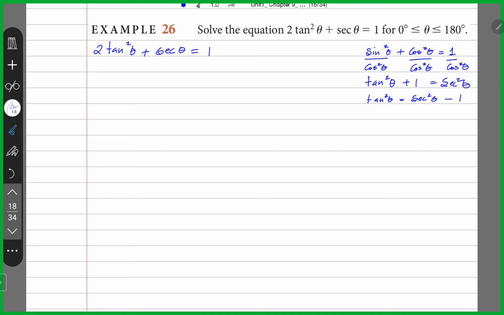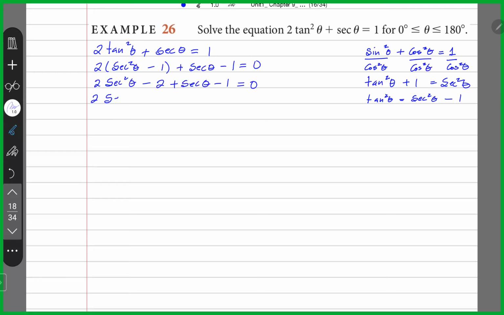Replacing tan squared with sec squared minus 1, we get 2 sec squared theta minus 1 plus sec theta is equal, let's go straight ahead and say minus 1 is equal to 0. Distributive law, we have 2 sec squared theta minus 2 plus sec theta minus 1 is equal to 0.